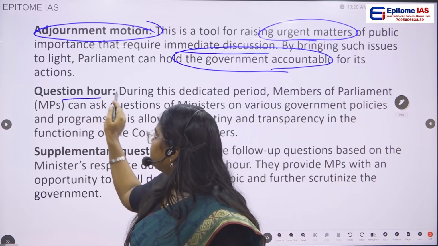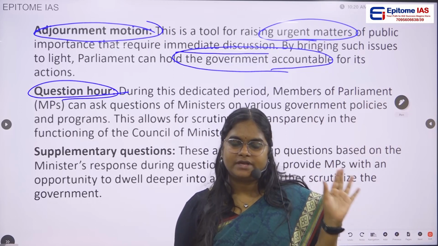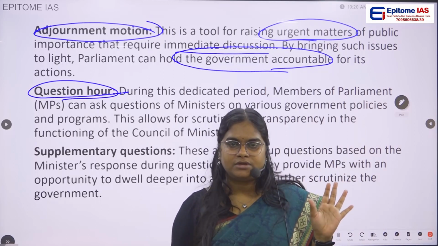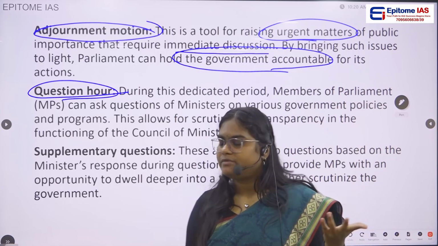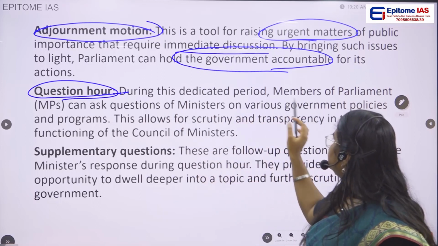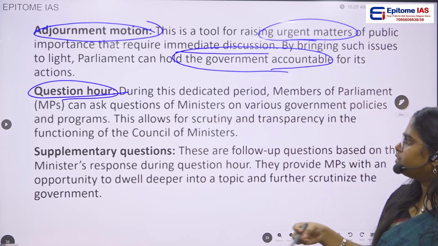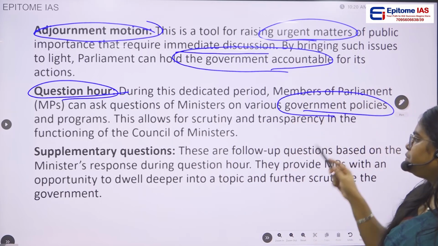Then we have question hour. During the session, every time they will have this particular question hour and the members of Parliament will be asking questions to the government. During this dedicated period, members of Parliament can ask questions to the ministers on various government policies and programs.